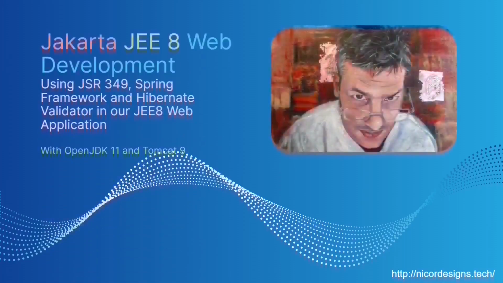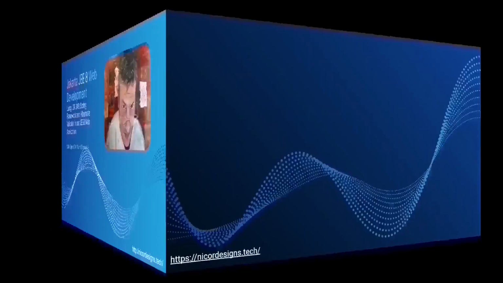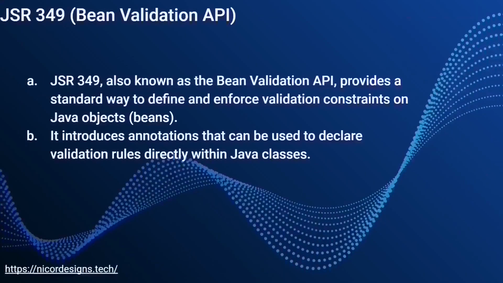In this lesson, we will look at using the JSR 349 with the Spring Framework and Hibernate Validator in our Jakarta Enterprise Edition 8 web application. The JSR 349 is a Java reference specification for validating the elements of your bean.